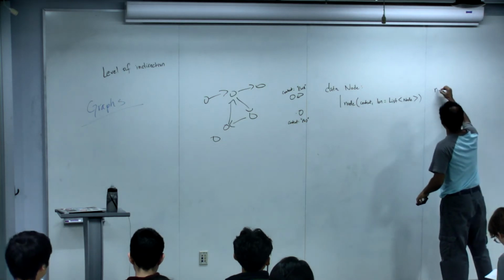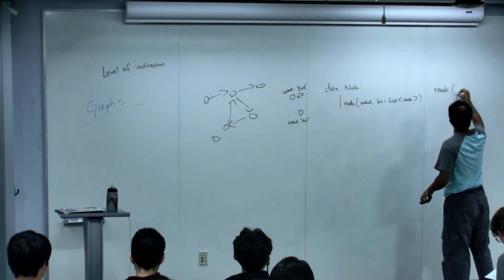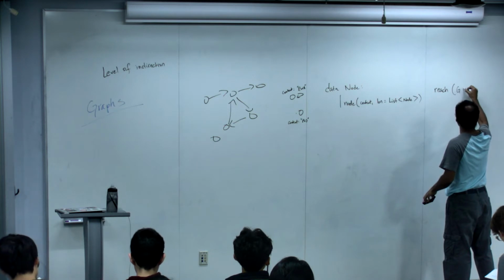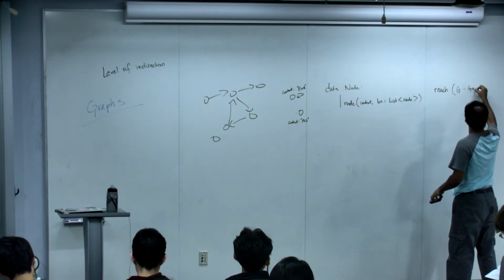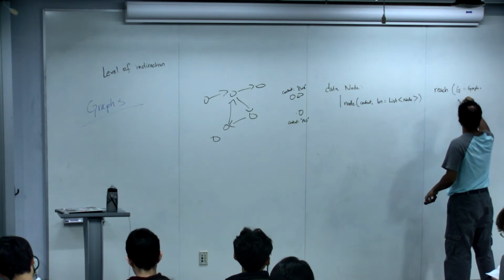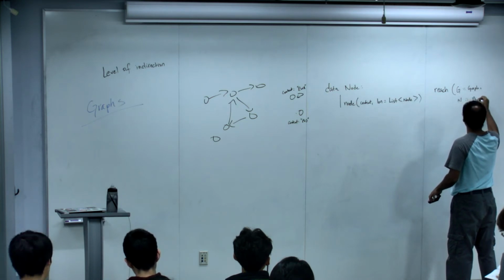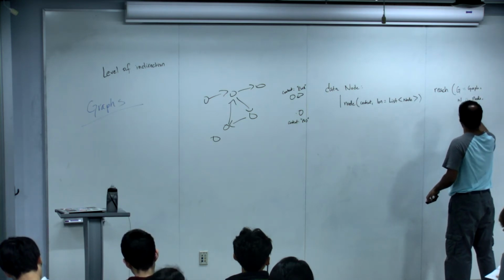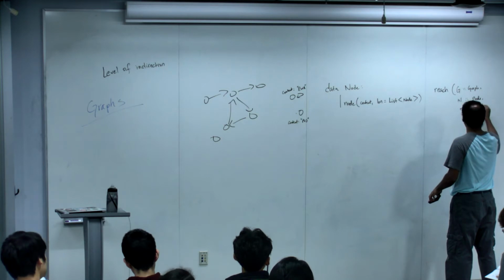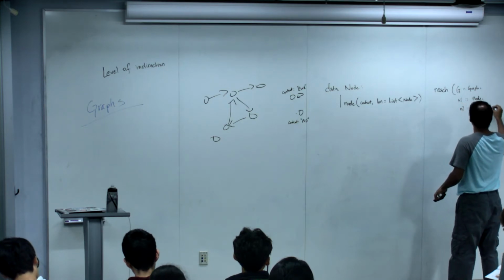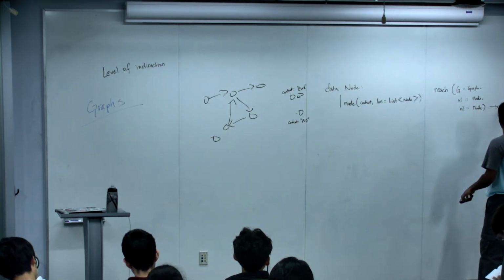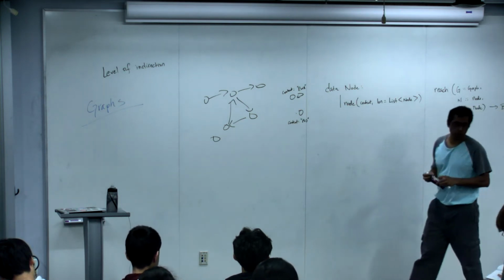Given some graph G, what I want to know is, can I get from N1 to N2?